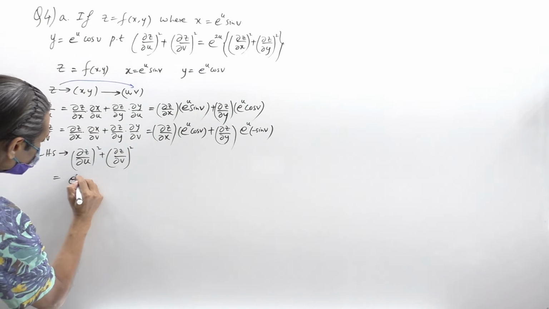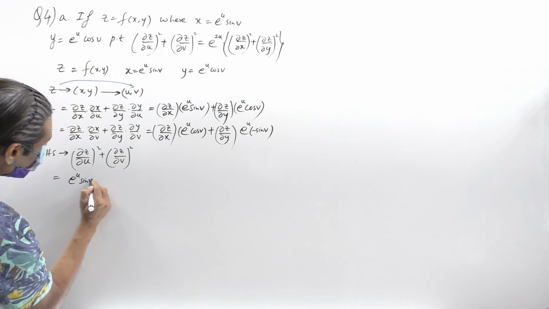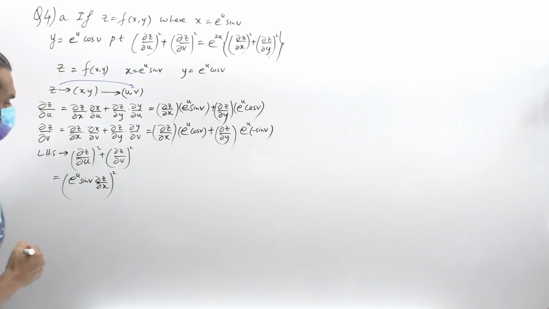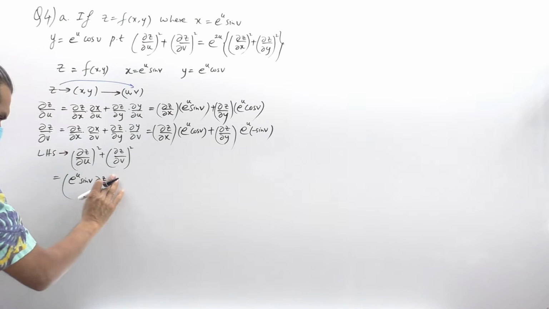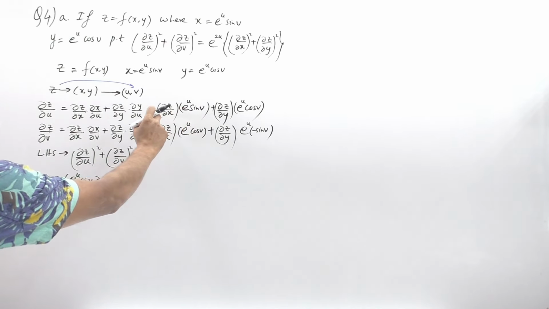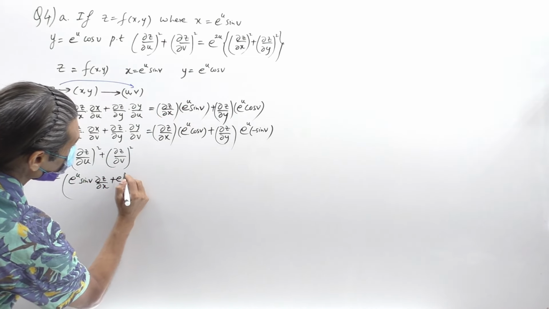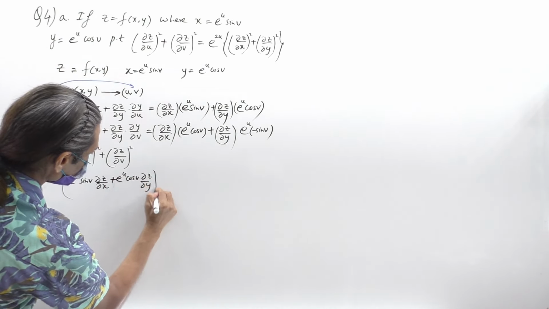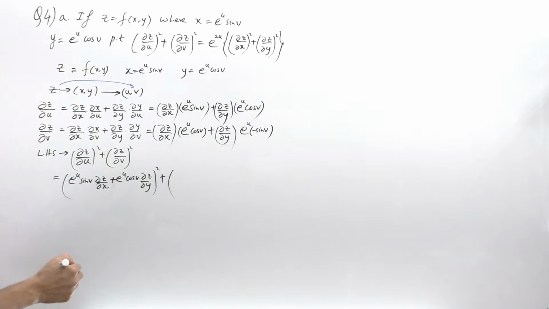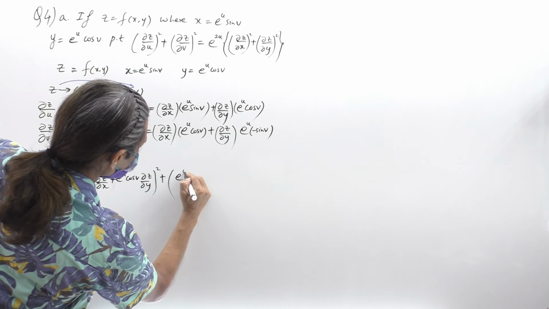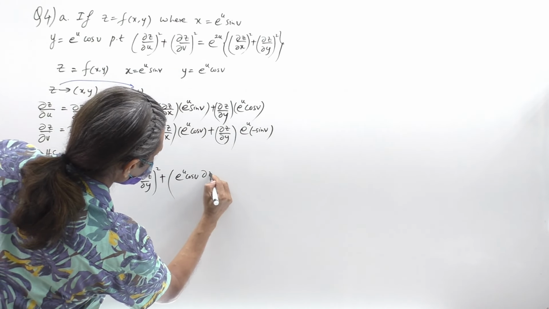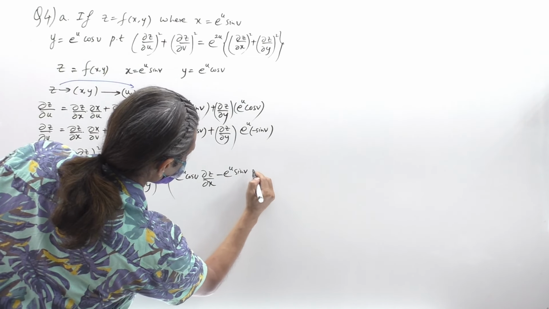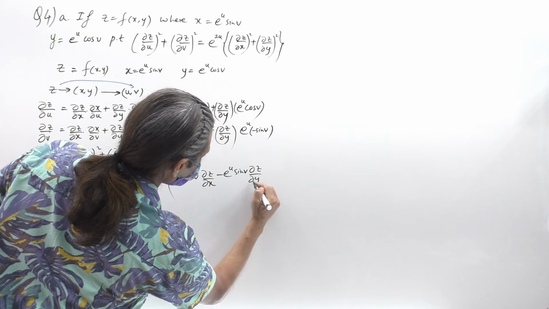So it is (e raised to u sin v ∂z/∂x plus e raised to u cos v ∂z/∂y) squared, plus ∂z/∂v will be (e raised to u cos v ∂z/∂x minus e raised to u sin v ∂z/∂y) squared.